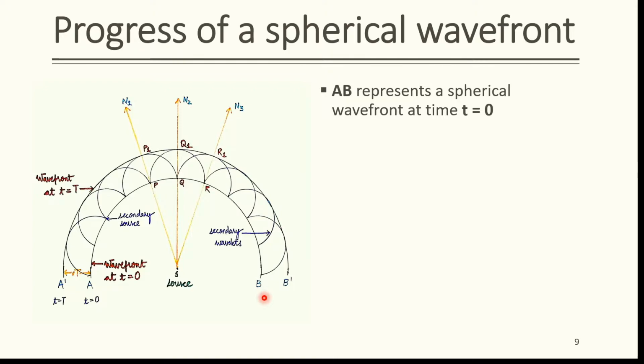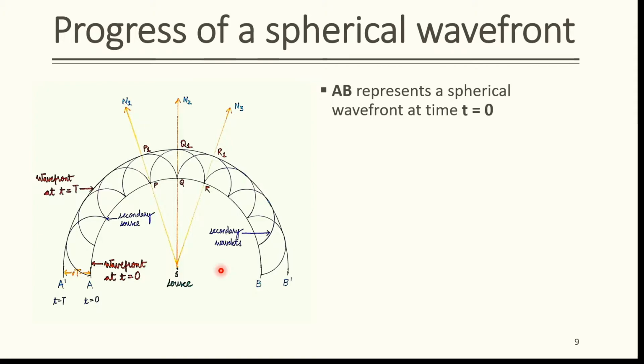Look at the figure. According to Huygens principle, all the points on AB act as secondary sources of light and emit secondary wavelets with the same speed v in the forward direction. As discussed earlier, backward traveling wavelets are supposed to be ineffective.